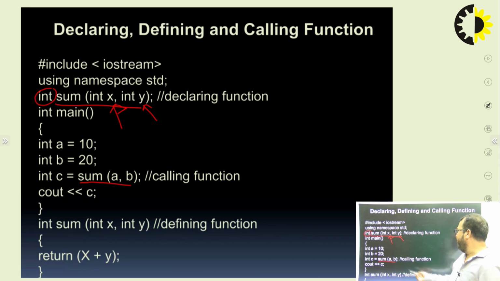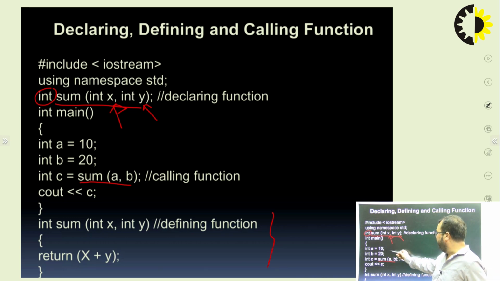So how does the function get called? Simply by writing the name of the function and passing the arguments which we require. Like if we are going to pass 10 and 20, we simply pass a and b, which contain 10 and 20. This is our calling function. Once you call, the control jumps to the definition portion.